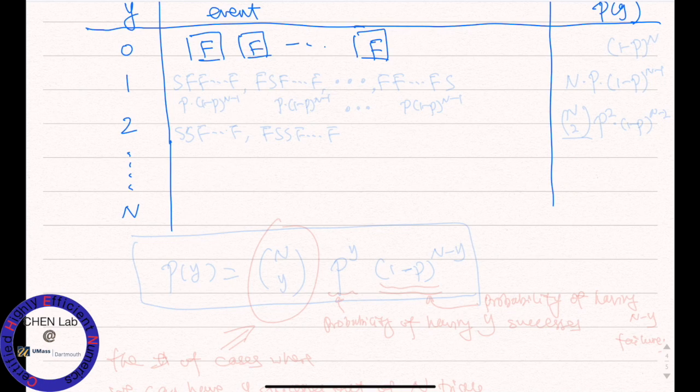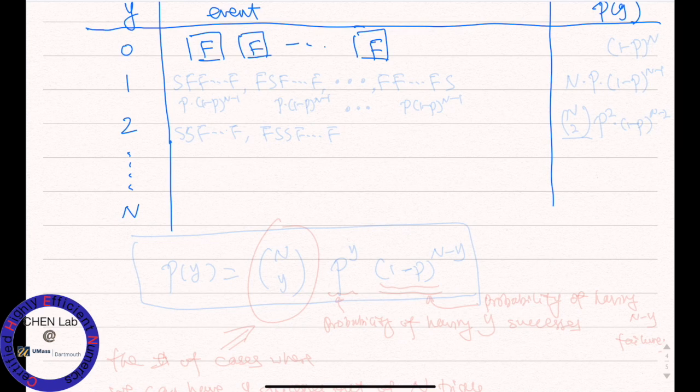Independent means that the probability of A intersection B is the probability of A times the probability of B. So the probability for me to put F in the first one and F in the second one is the probability of F in the first one times the probability of F in the second one. Independent means each trial, every time you toss the coin, is not affected by the other tosses.